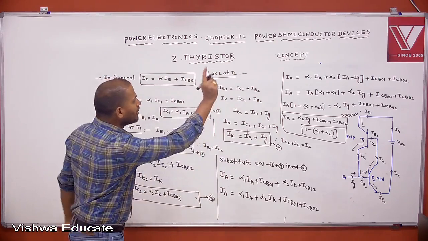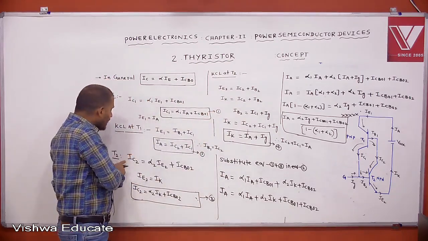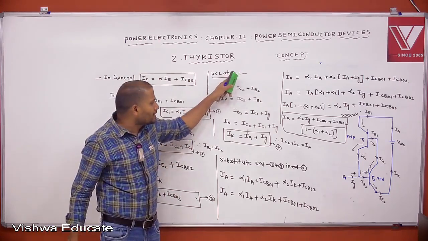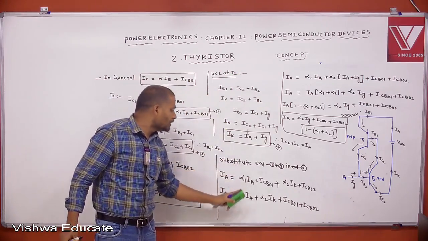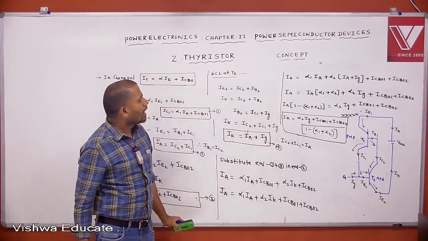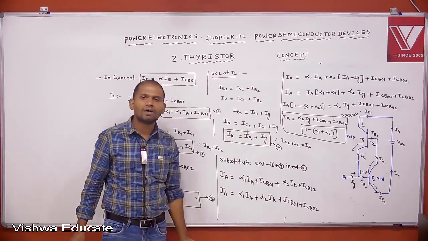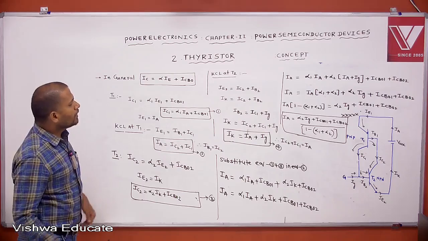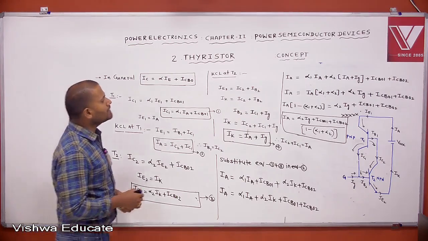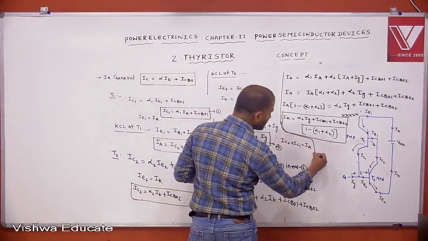Write the expression for the T1 transistor, apply KCL at T1. Write the expression for the T2 transistor, apply KCL at T2. Then solve these equations and we get IA equals alpha 2 IG plus ICB01 plus ICB02 by 1 minus alpha 1 plus alpha 2.